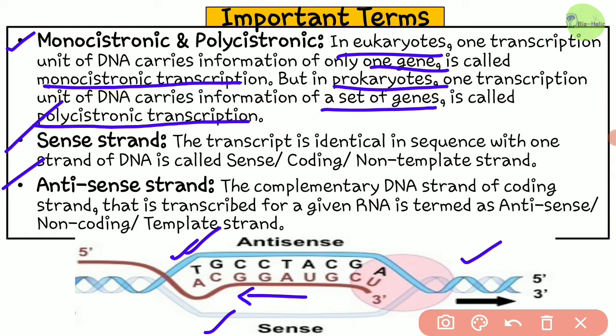And that's why the nucleotide sequence of this RNA strand must be identical or the same as this sense strand, and that's why it is called the coding strand. So it is called the coding strand not because it codes the RNA strand, but because its codes or nucleotides or bases are identical or the same as the RNA strand. Clear?